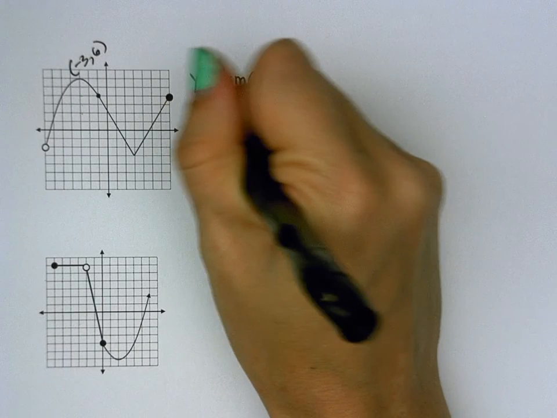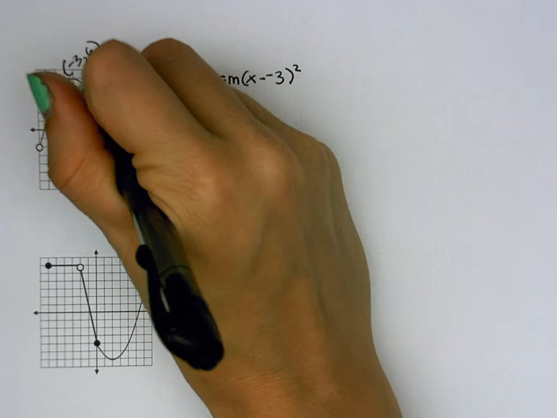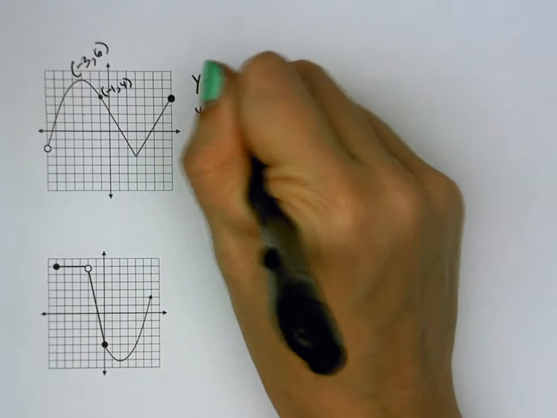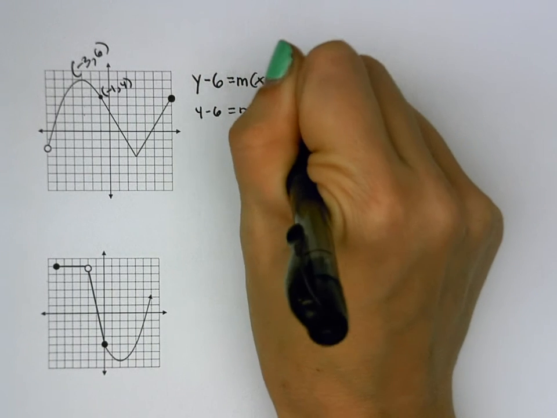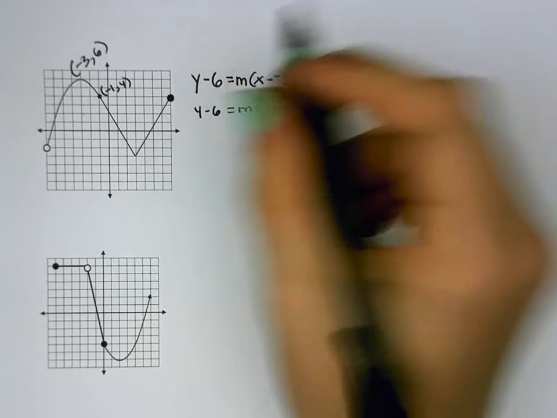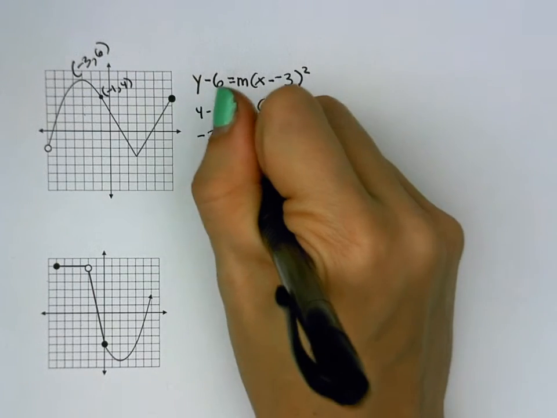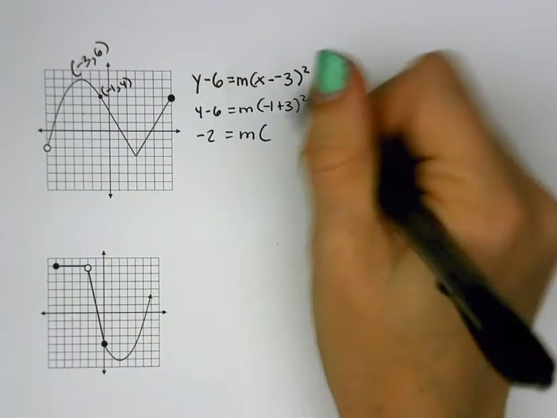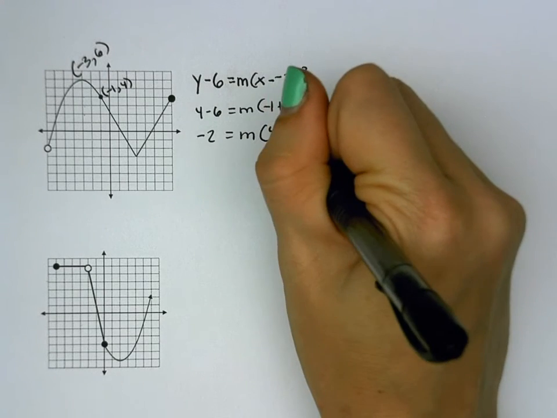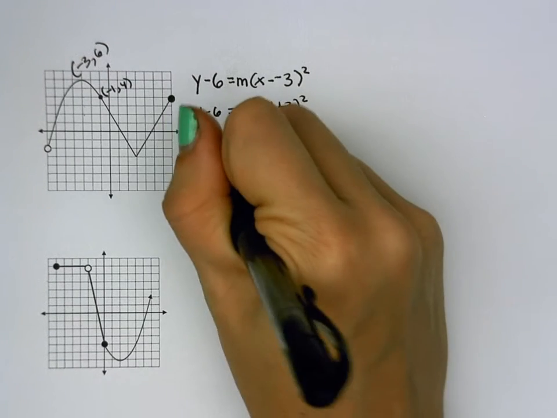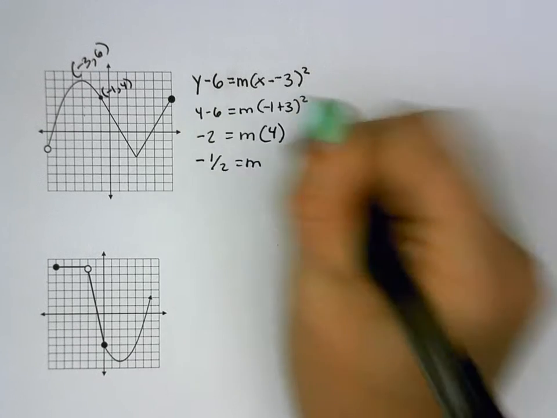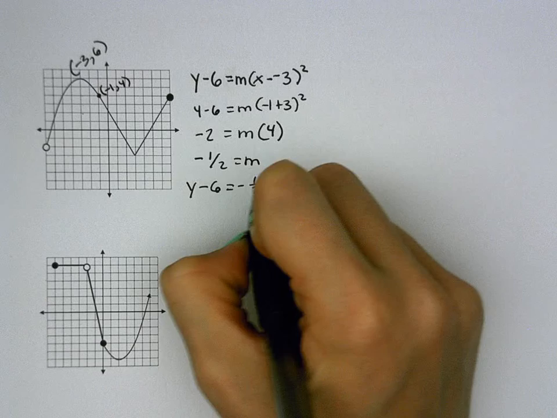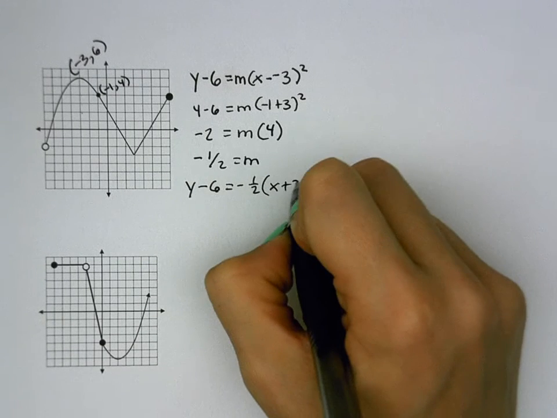So we have 4 minus 6 equals m times negative 1 plus 3 quantity squared. 4 minus 6 is negative 2, and negative 1 plus 3 is 2, squared is 4. And so my stretch is negative 1/2. So my equation is y minus 6 equals negative 1/2 times the quantity of x plus 3 squared.